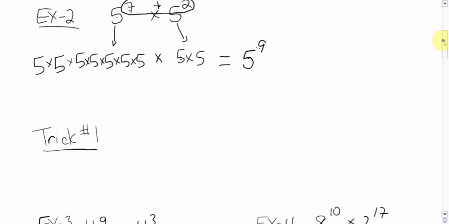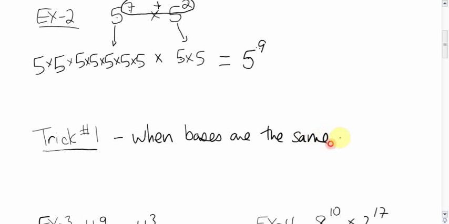So the first trick is, when the bases are the same, and you're multiplying, you just add the exponents.